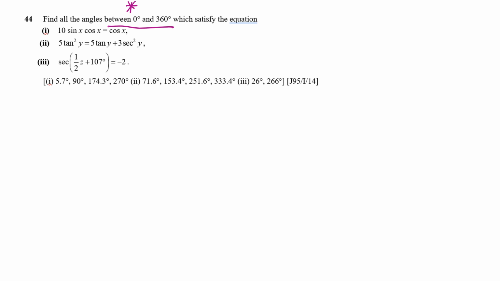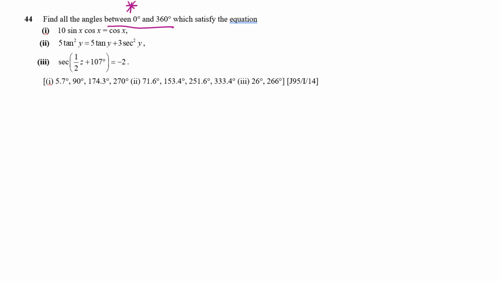Sometimes you have to use a trigo identity. Sometimes you have to use the double angle or addition formula. All these have already been dealt with in the earlier videos. So if you're not too familiar with all this, please revisit the earlier videos on double angles, the addition formula, and trigo identities.